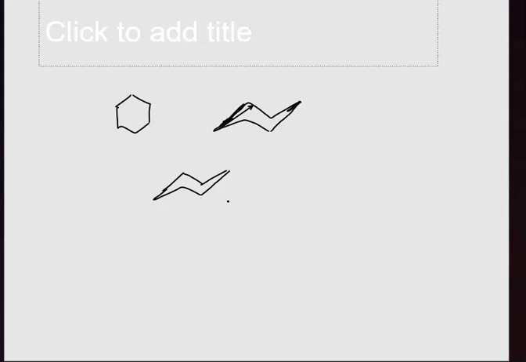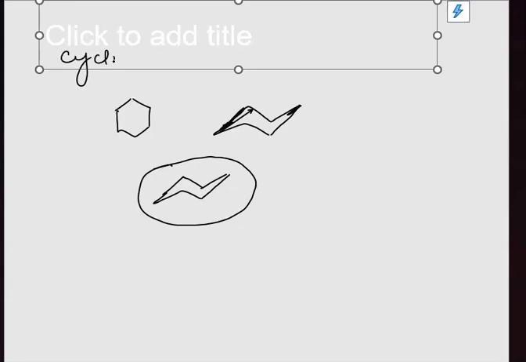All right, some additional features when we draw a chair conformer. Now we will focus on this most stable molecule, cyclohexane, and continue our discussion based on this cycloalkane. When you look at this conformation, there are two positions for the substituents. One is called axial, and the other is equatorial.